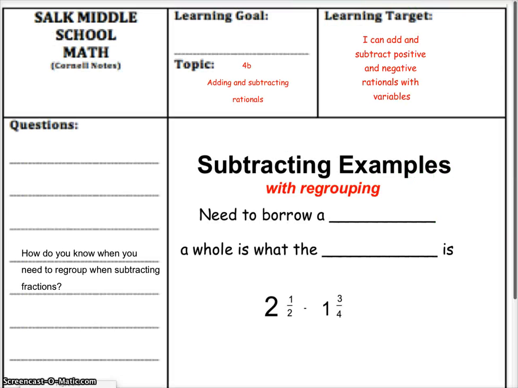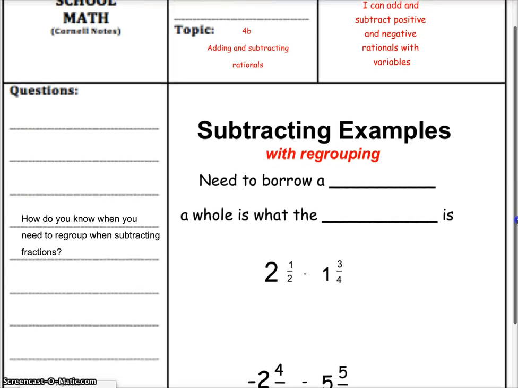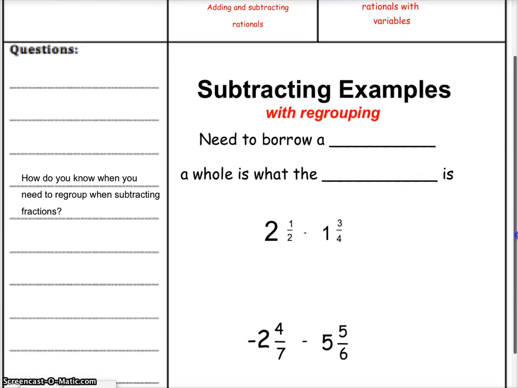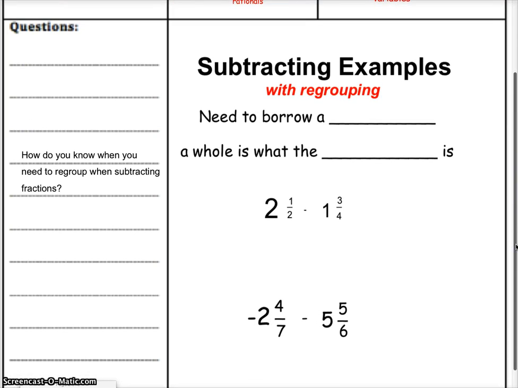Okay, now we're moving to subtraction examples, which we actually applied subtraction with our previous slide of adding different signs. But this is going to be with regrouping. When you regroup, what you're really doing is borrowing a whole.